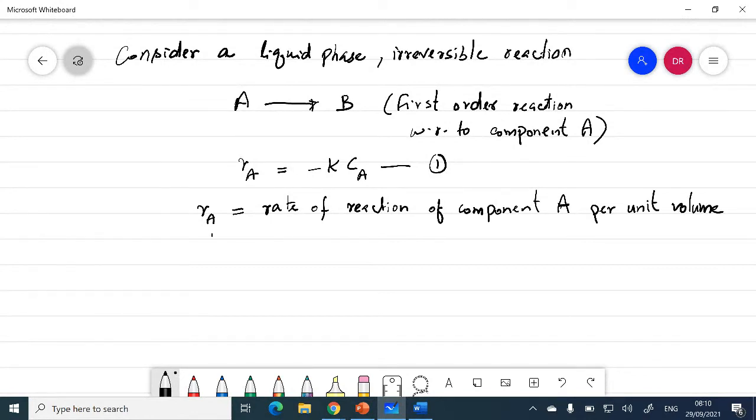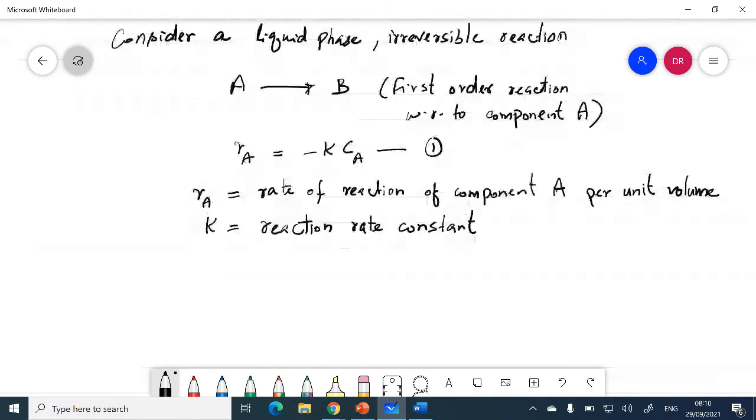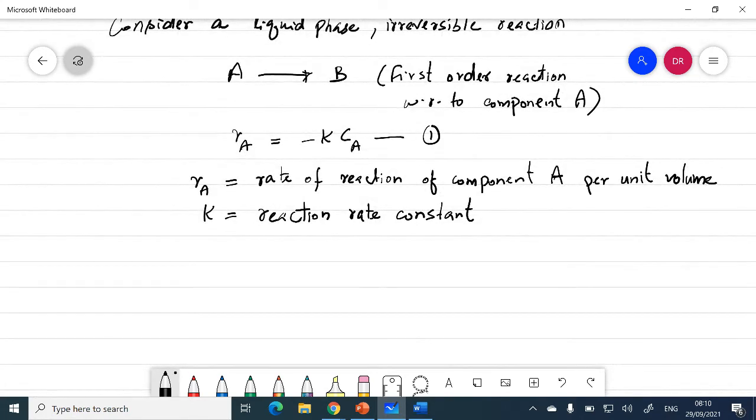And what is k here? k is the reaction rate constant. And C_A is the molar concentration of component A.